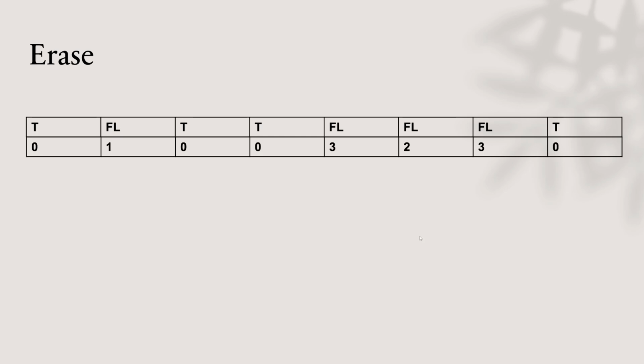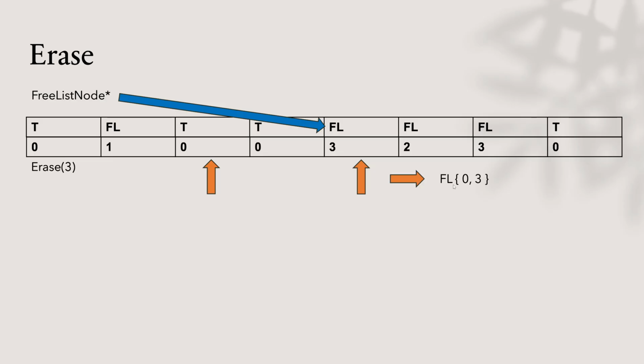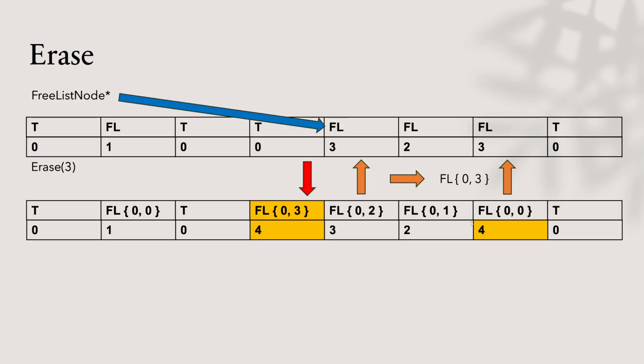All right, erase works like this. Let's just imagine the free list initially points to this slot. We're going to erase this element here. We're going to check the left and the right element. We're going to store them in a free list node. We're going to check this element right here that's ahead because this is a block, right? Since we say that there is 3 elements to skip here, we know there's going to be another 3 right here.